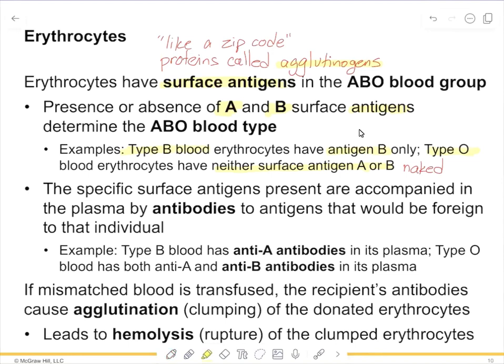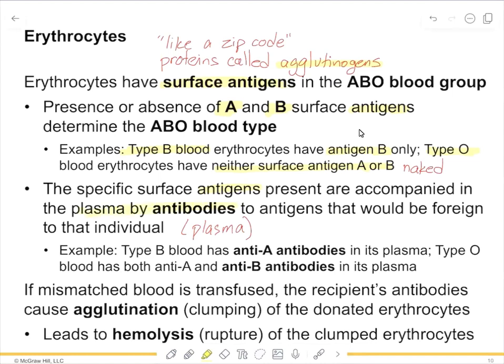Now, the antibody is something different that's actually in the plasma. So that can be the confusing thing to students, to be sure that you differentiate the antigen from the antibody. The antigen is only present on the membrane of the red blood cell, but the antibody is only in the plasma.